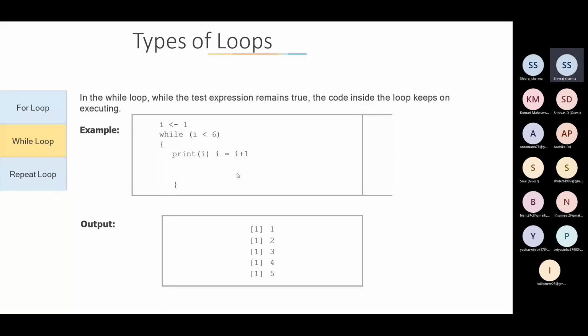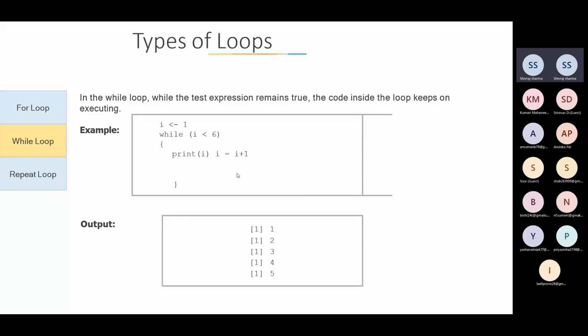So in this example, the value of I is 1 at the initial level. Up to what number of iterations must it run?